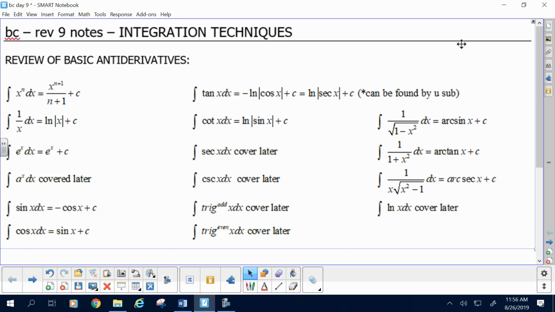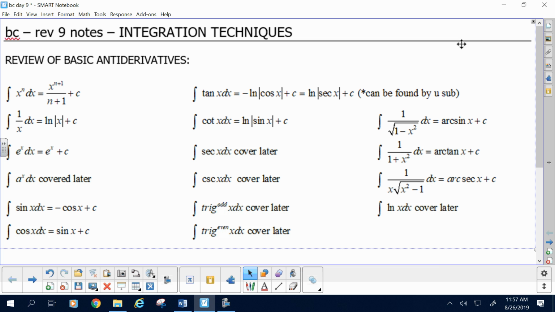Here we go. Let's go with antiderivatives. When you take an antiderivative, you can always check your answer by deriving. You're taking a derivative, seeing if you get right back to your antiderivative. So the anti-power rule, for example, instead of taking a derivative and multiplying by the power and reducing by 1, in an antiderivative you divide by the power and raise it by 1.